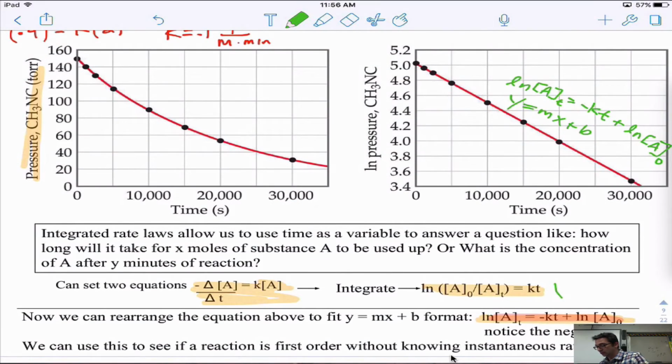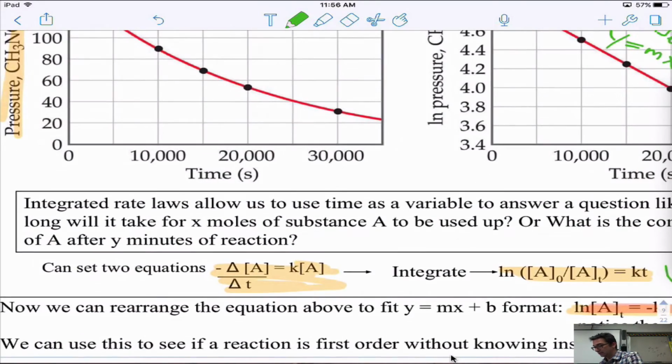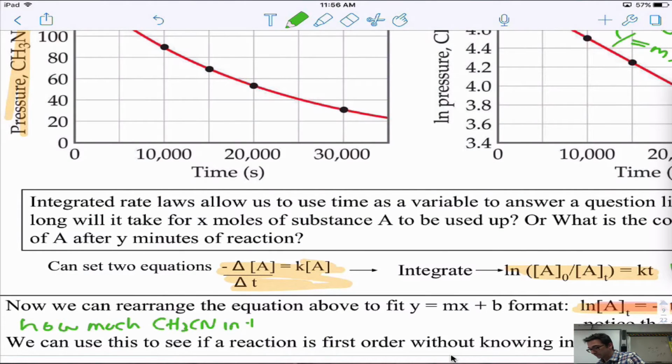I were to say something like: how much CH3CN, in torr, so we're doing pressure, remains after 12,000 seconds?